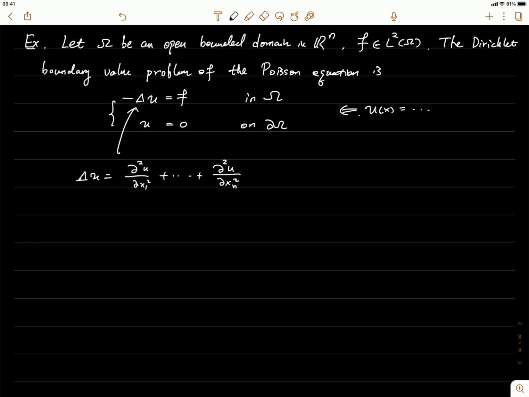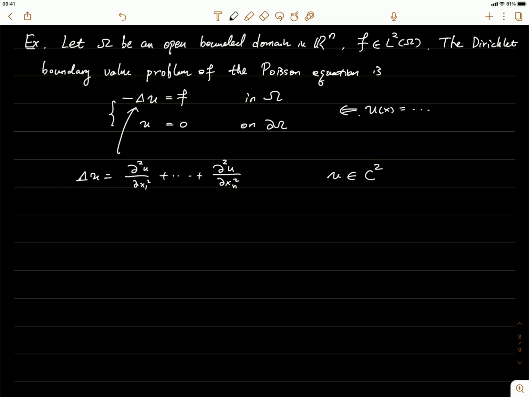And if f is continuous, you probably want u to be in C², which means twice continuously differentiable, so the second-order partial derivatives are also continuous. You'll be hoping for that.